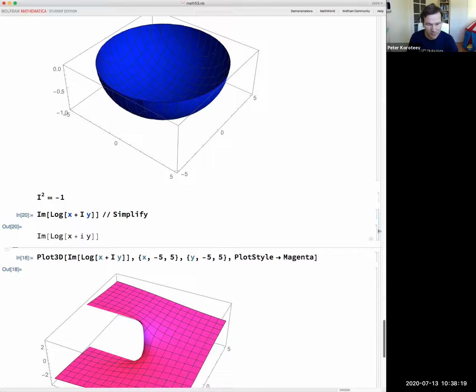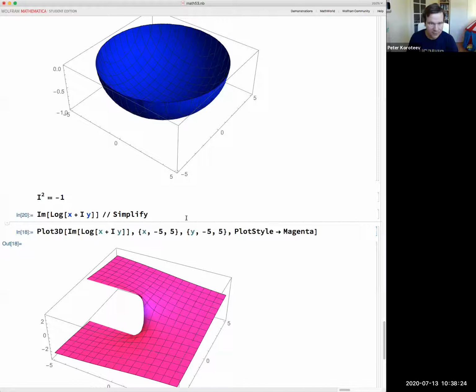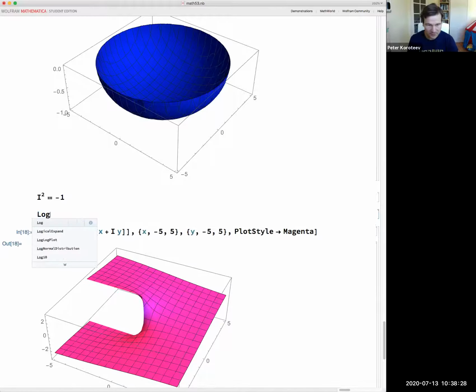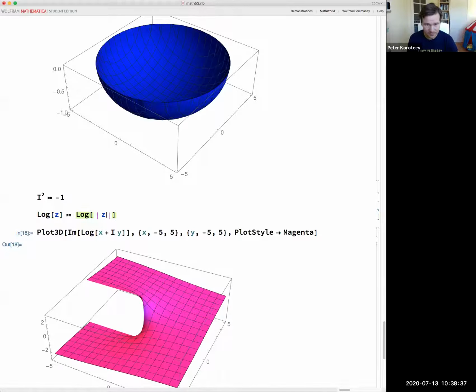The way the imaginary part of the log is defined is that for the logarithm of a complex number z, it will be the log of the absolute value of z plus what is known as the argument of z. An argument of z is just the angle corresponding to this number in polar coordinates.